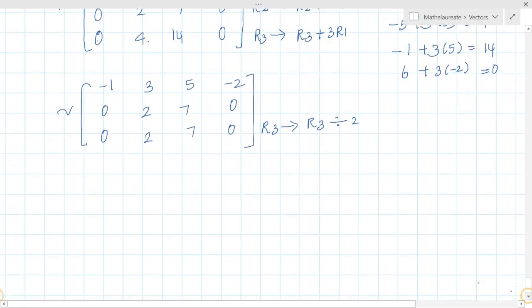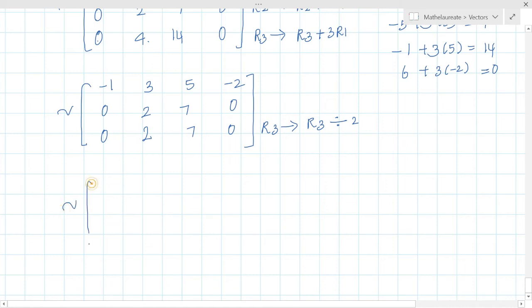Now our aim is to make this term 0. As I already said, to make this third row second term 0, you should not use the first row. That makes the third row first term a non-zero number. You have to use the second and third rows to make this term 0.